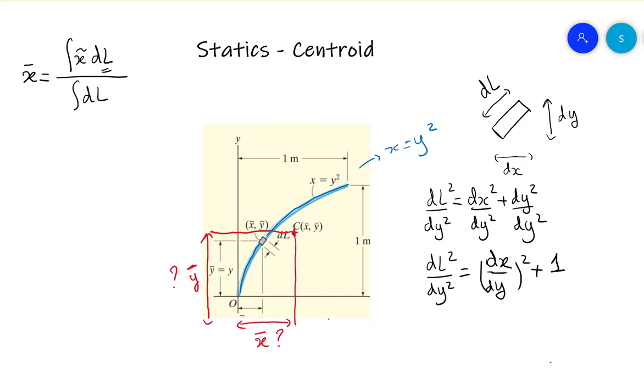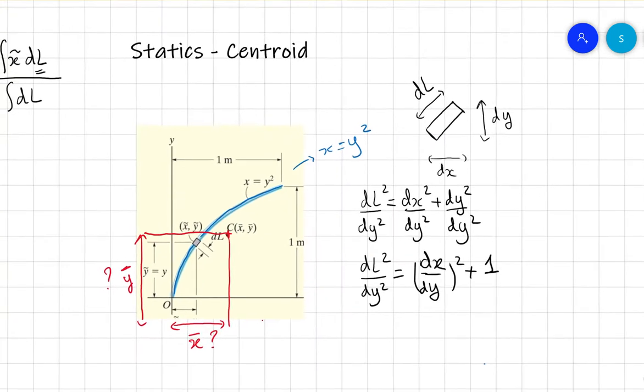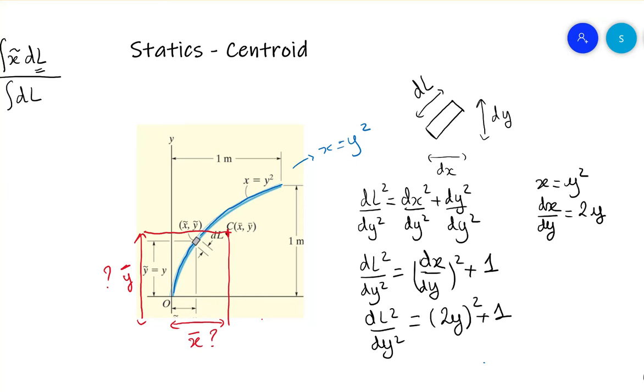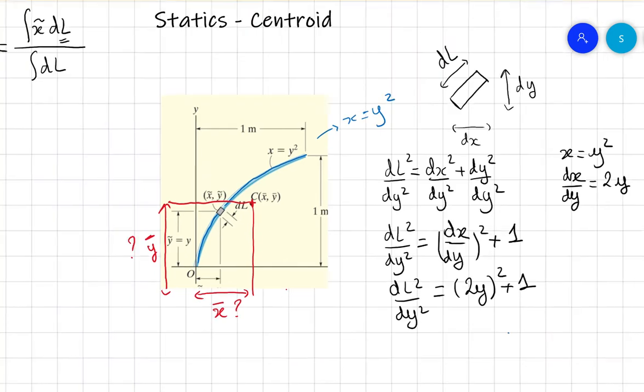What is dx divided by dy? We have the function x equals y squared. So dx divided by dy, that's the derivative of x with respect to y, so it's equal to 2 times y. So I got dl squared divided by dy squared equal to (2y) squared, don't forget this square there, plus 1. And we see we don't have x anymore. Let's keep going a little bit.